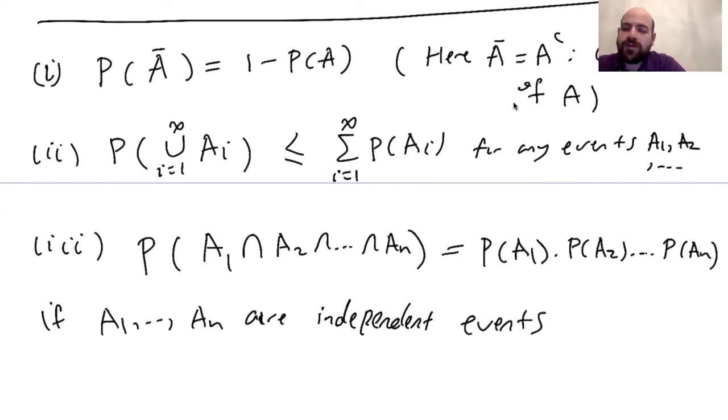So this is actually one way to define independent events. If the probability of the intersection is the multiplication of the probabilities, then we call those events independent.